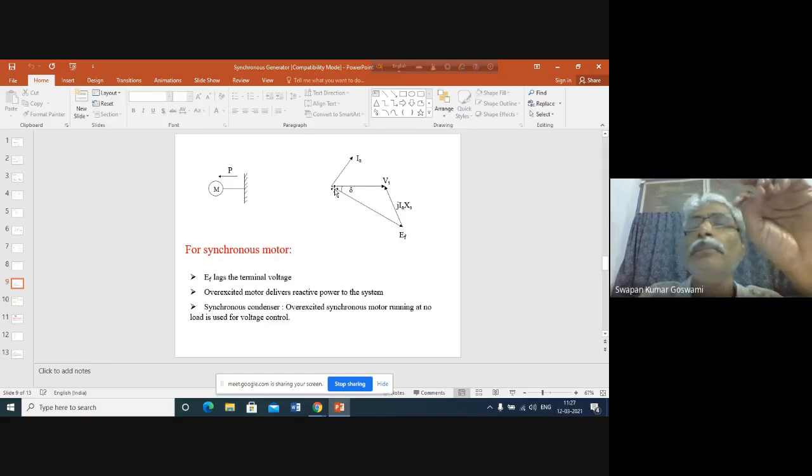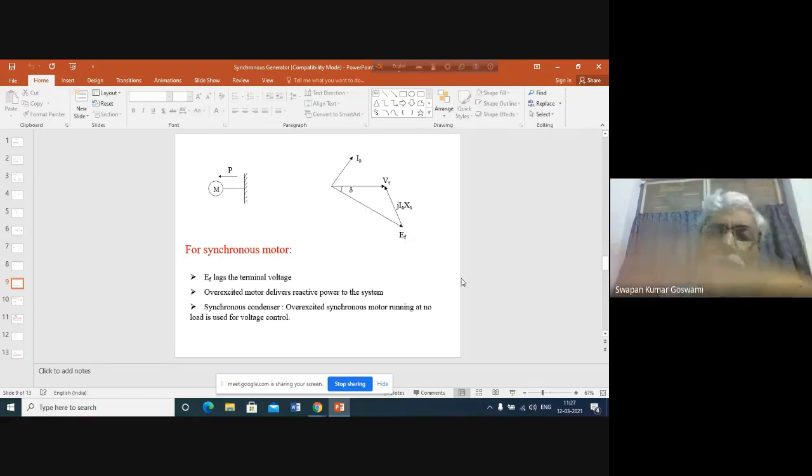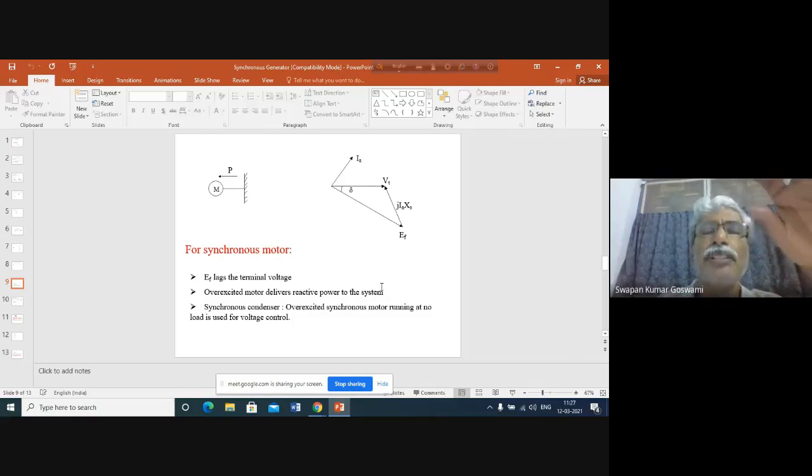When the demand is low, then reactive power need not be supplied. So by changing the field current of the motor, you can actually use it as a source of reactive power, and this particular application of the synchronous motor is of interest to the power system.